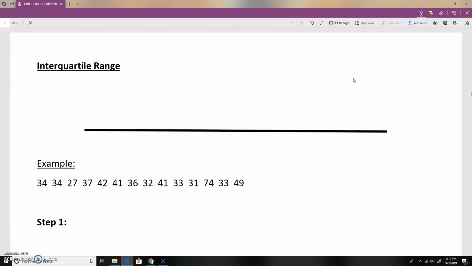Okay. In our next set, we're going to be looking at what's called the interquartile range. The interquartile range is basically if we take our data set and we set it up with the median in the middle. Over here we would have our minimum, and over here we would have our maximum.